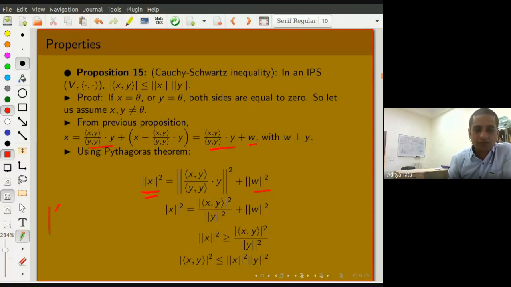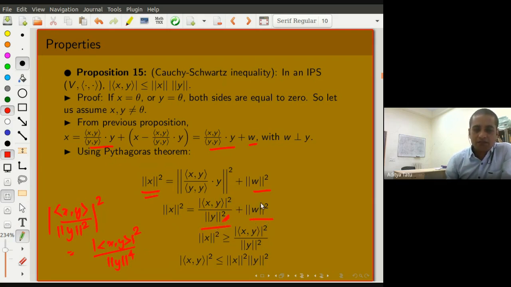What is the absolute value of a squared? It is the absolute value of the inner product of x and y squared, divided by norm y to the power 4, into norm y squared. So that is why in the denominator you will have a square. Okay, so norm of x squared is norm of this plus norm of w squared.